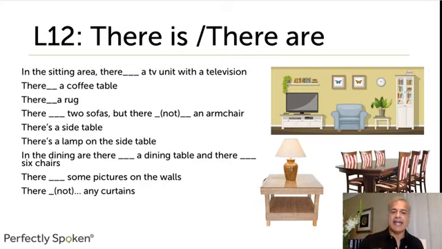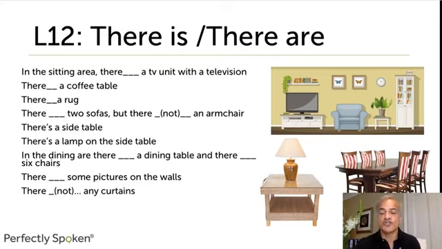In the dining area, there is a dining table and there are, plural, 6 chairs. There are some pictures, plural, on the wall. And curtains, plural, any. There aren't any.